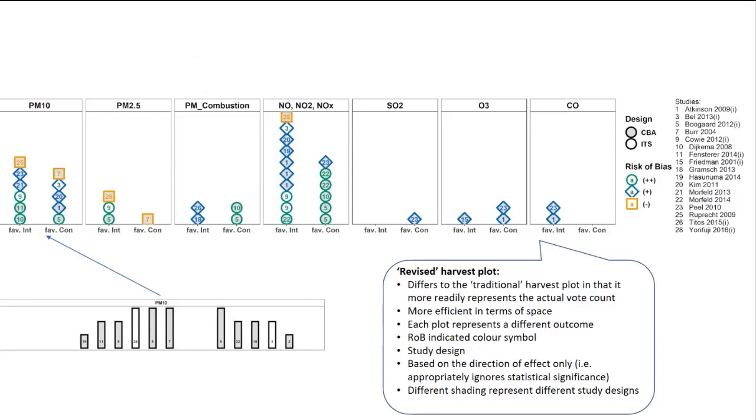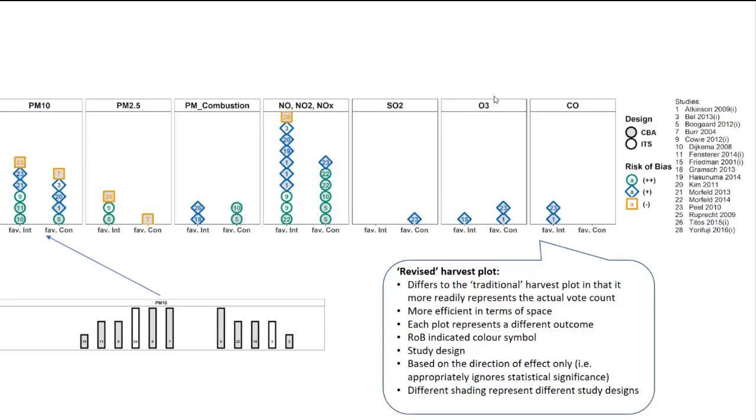You can see that you can get a nice compact view of it here. Underneath, you can see that we've got the old harvest plot, which takes quite a lot of space. Now, I've stacked them vertically here because when we stack them vertically, it's very efficient to see whether intervention or control have more studies on the side.